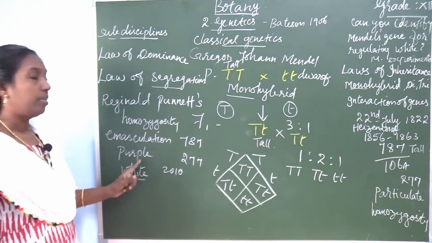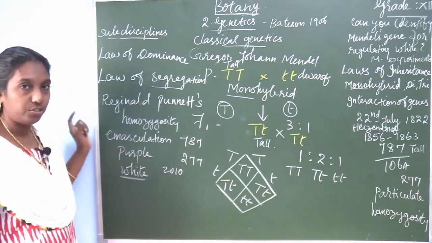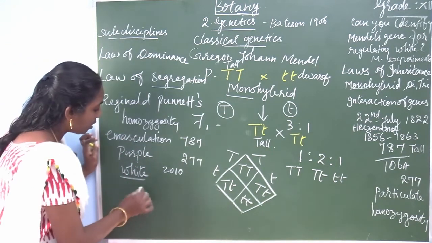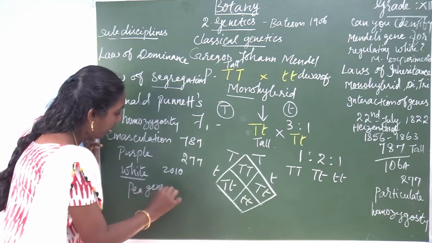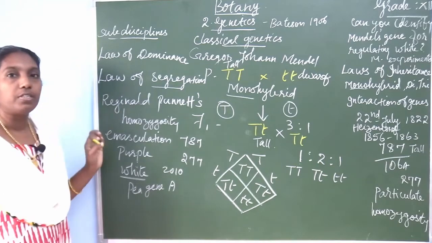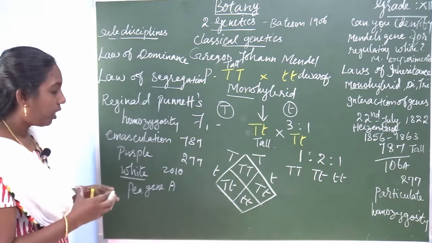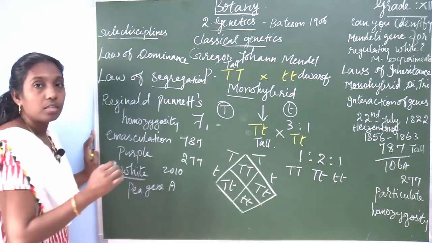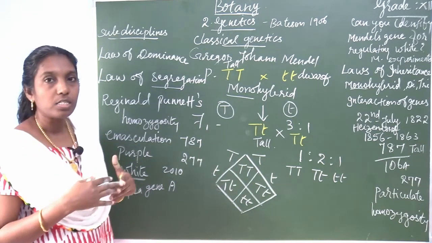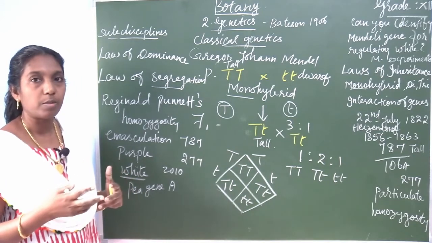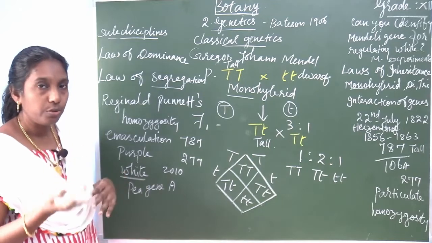Regarding the regulation of purple color, there is a gene named P gene A, which encodes a protein that regulates the process of transcription. Transcription is the process which transcribes the message from DNA to RNA.